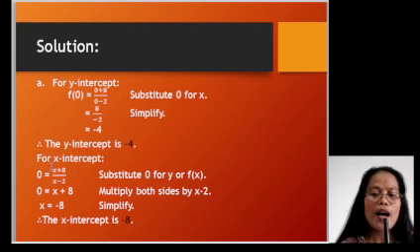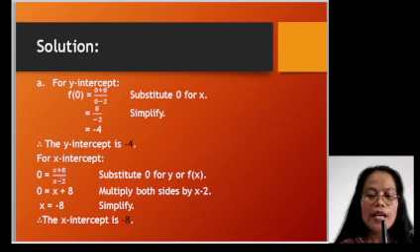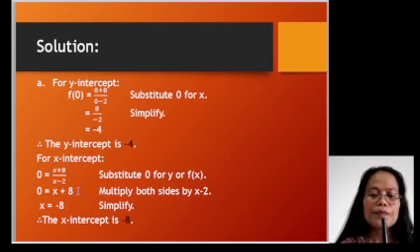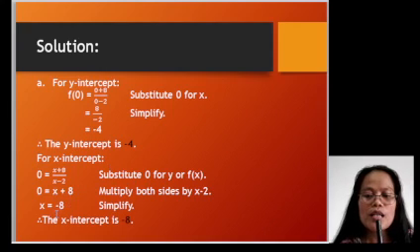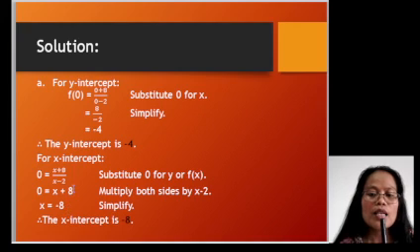And for the x-intercept, we need to make y equal to 0. So we have 0 equals x plus 8 all over x minus 2. So we have 0 equals x plus 8. We multiply both sides by x minus 2 because the denominator here is x minus 2.